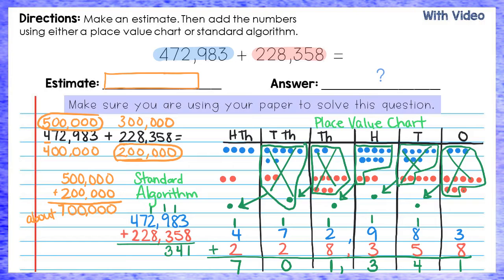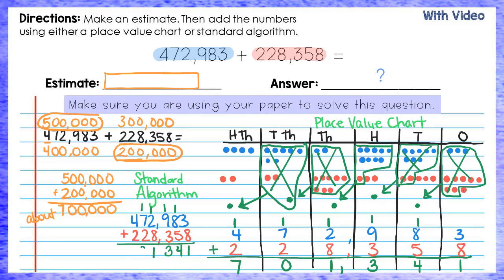Now we have 2 plus 8 is 10, plus 1 more is 11. Can't have 11 in the thousands place, so we will keep 1,000 and regroup 10,000. 7 plus 2 is 9, plus 1 more is 10.